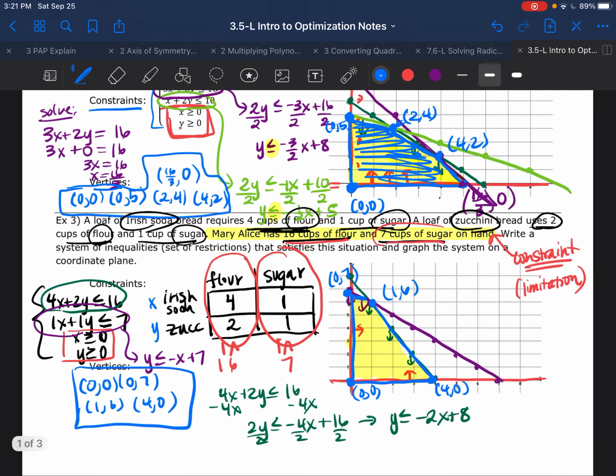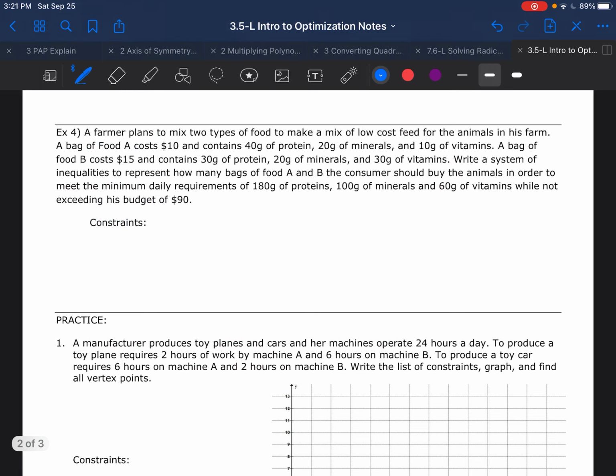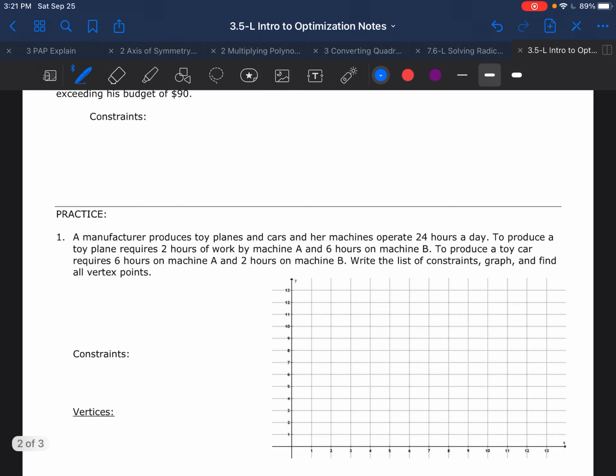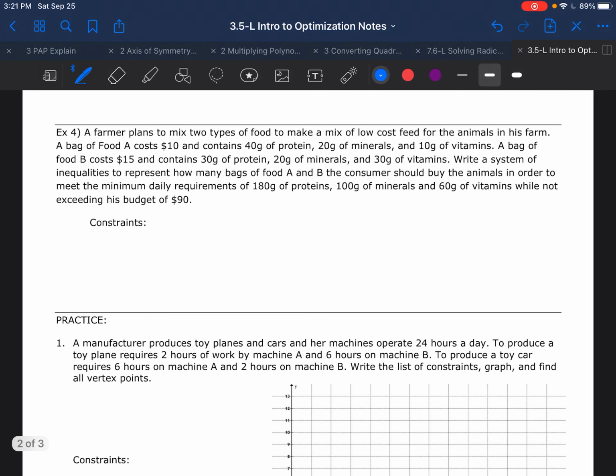Okay, what else do we got? All right, this time we just have to write the system of constraints, and then I will leave the rest for you to practice. A farmer plans to mix 2 types of food to make a mix of low-cost feed for the animals in his farm.